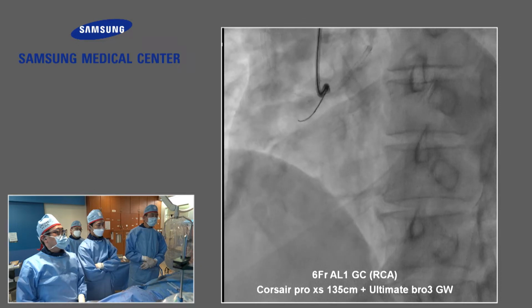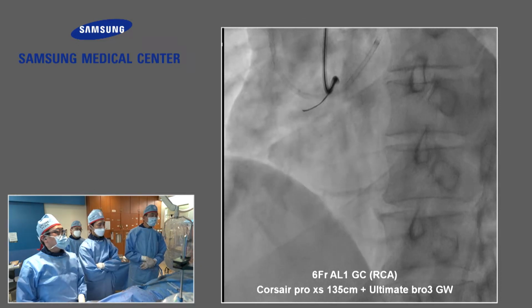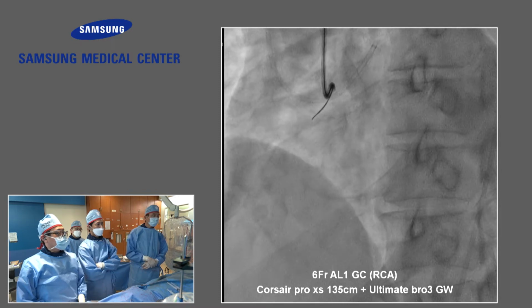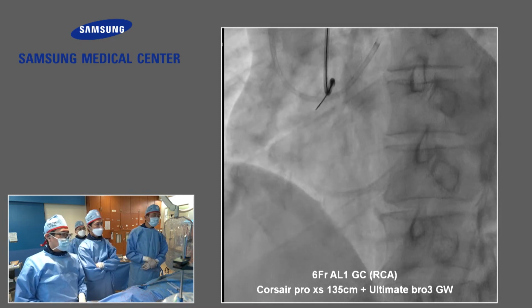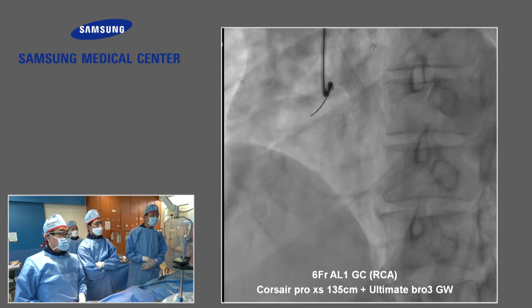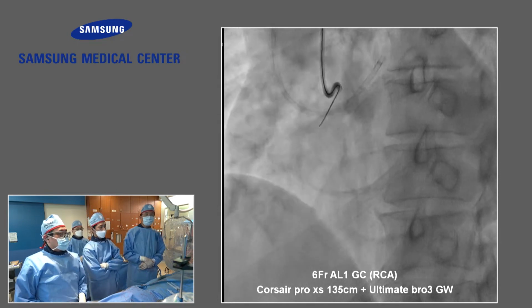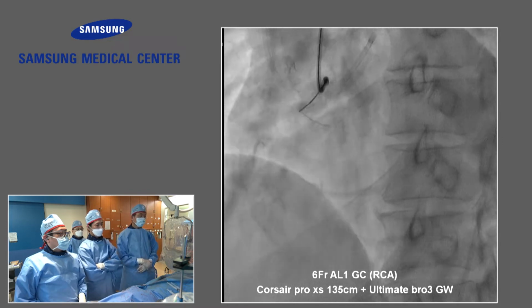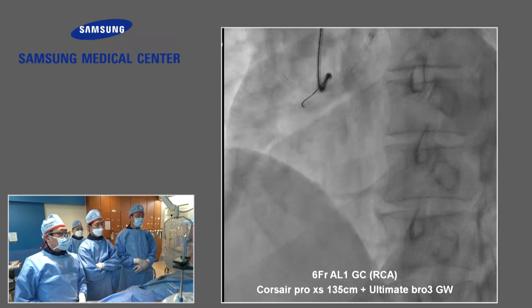If you use a stiff wire, the guiding catheter backup is important. Even though we use a hard stiff wire, there is no good backup support.